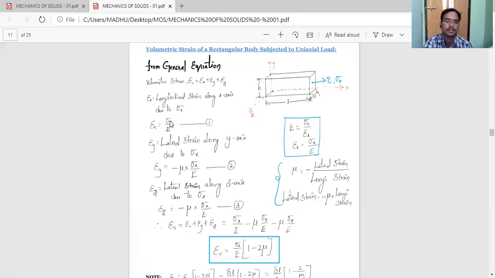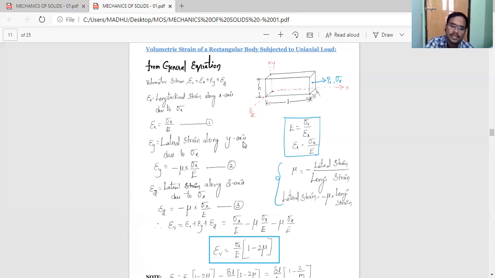So it is sigma x by E. From where do we get sigma x by E? For Young's modulus or modulus of elasticity, we have the formula E is equal to stress by strain, sigma x by epsilon. So epsilon is equal to sigma by E. This is the first equation.